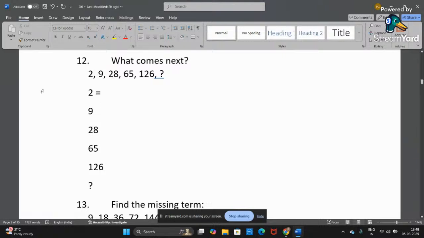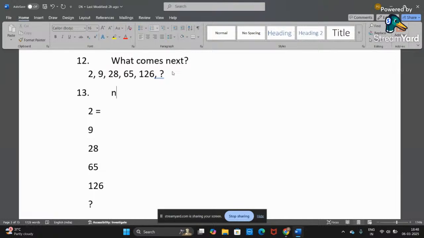Let's write the whole thing: n to the power 3 plus 1. So this is the logic, because 1 to the power 3, we all know, is 1 itself.